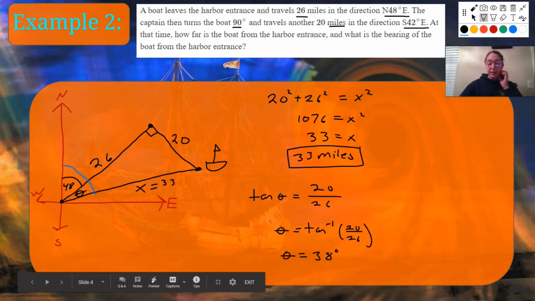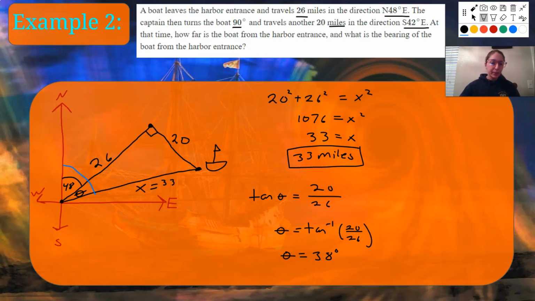But I'm not done, right? All I did was I found theta. So the bearing is going to be 48 plus 38. So that was the distance. So now I know the bearing now is going to be this direction over here. So I went north first.